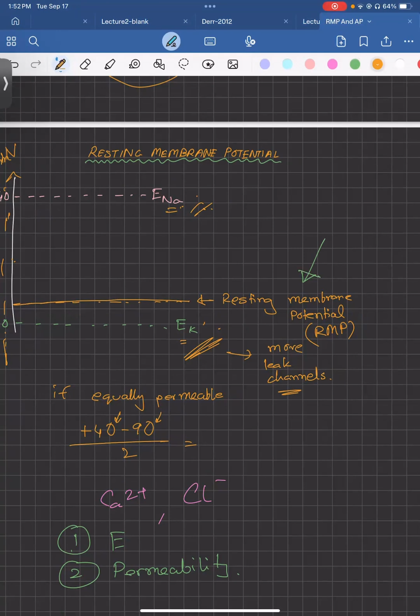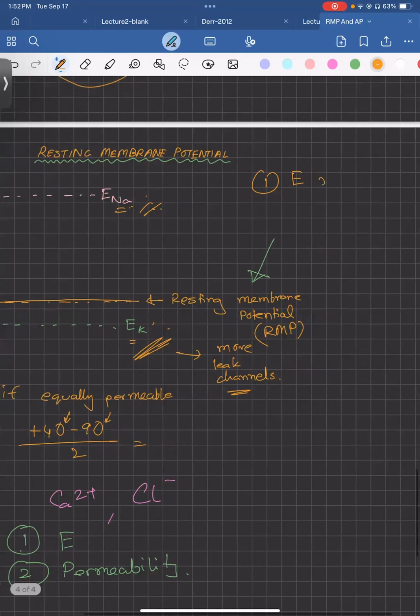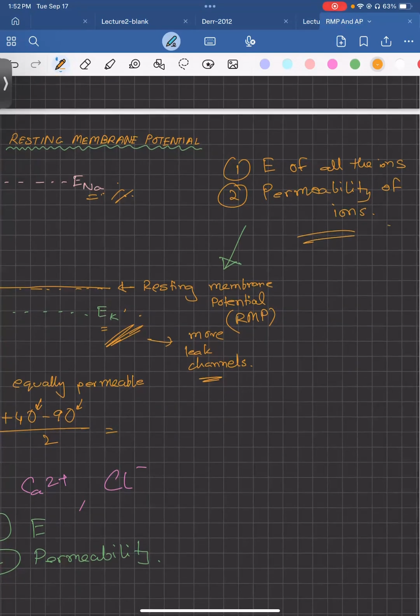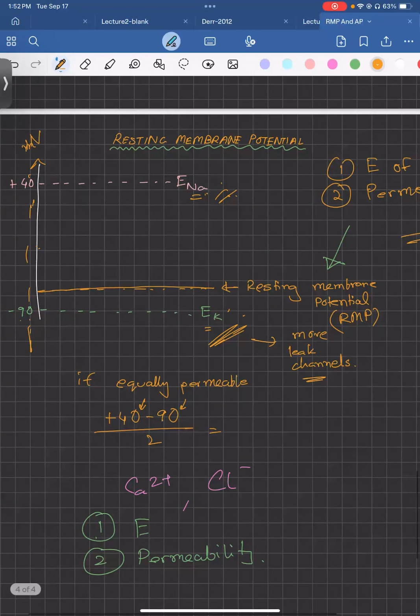So the resting membrane potential depends on the equilibrium potential of all the ions, and it depends on the permeability of the ions. I'm going to come back to this point because we're going to talk in a little more detail about this, but those are the two things it depends on.